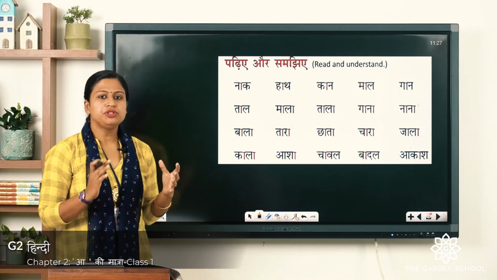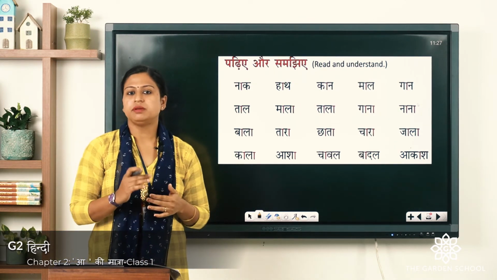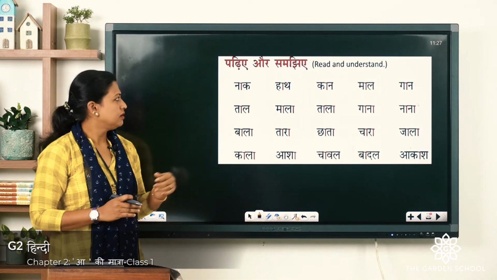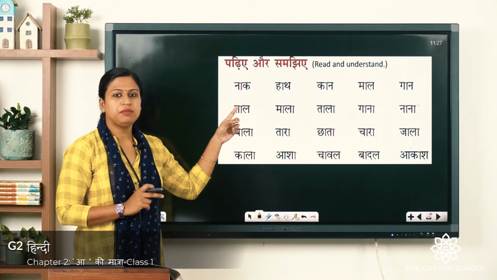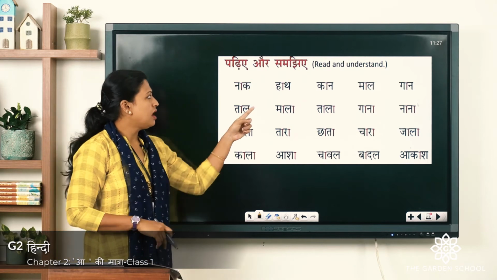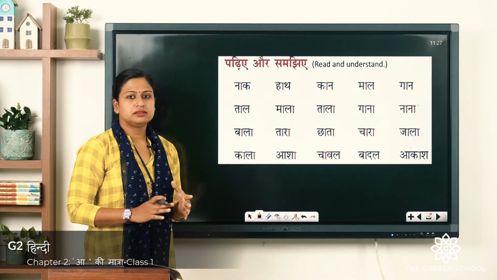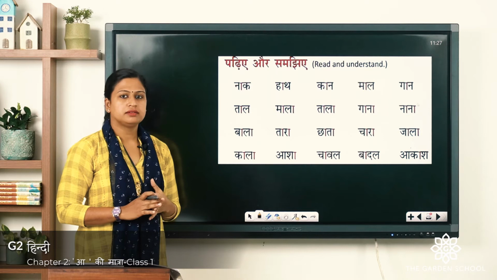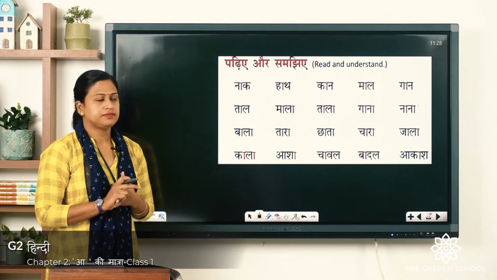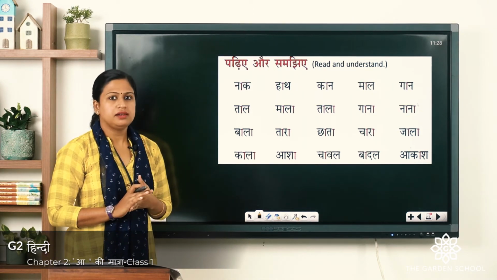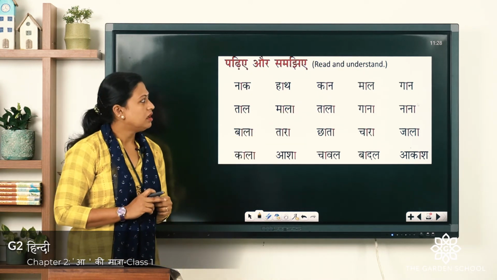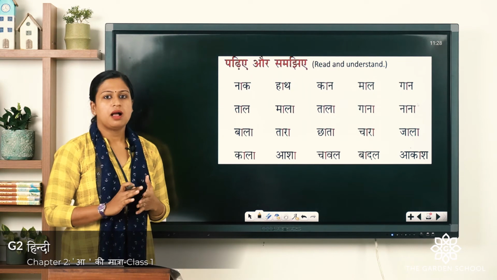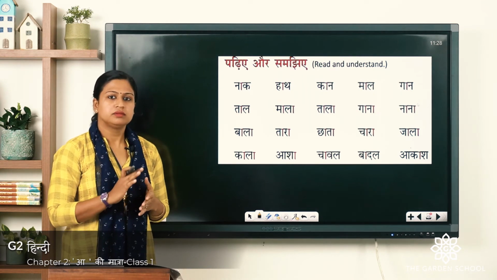So I am going to read these words. You have to repeat it along with me. Naak, that means nose. The second one is haath, that means hand. Kaan, ear. Maal, goods.